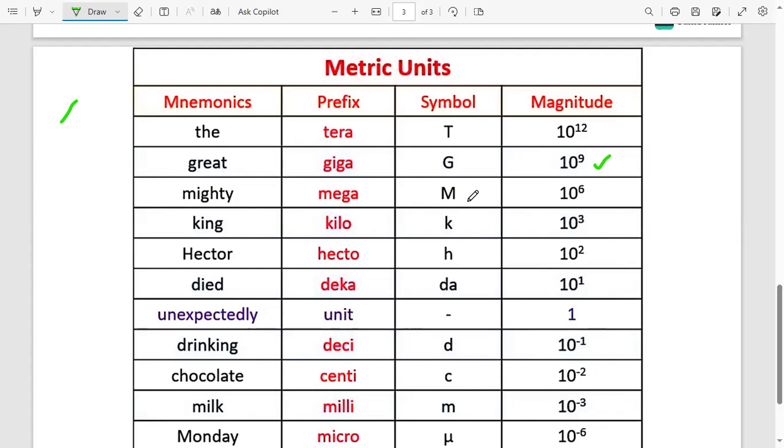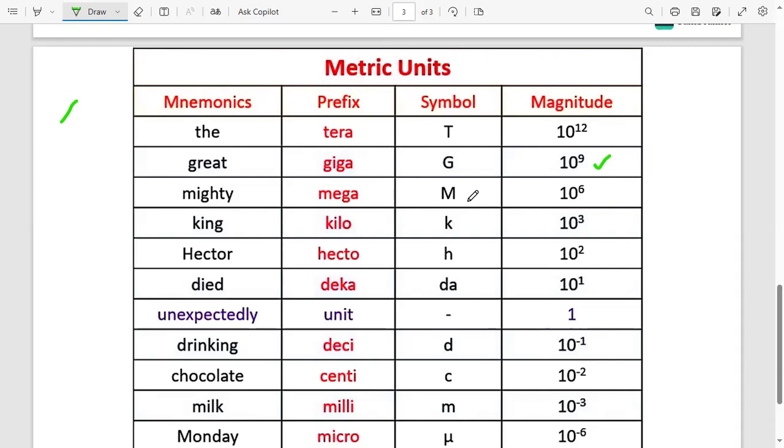So whenever you see the capital M there, it just means 10 to the power 6, or simply 1 million. Then we have kilo, which is very common, 25 kgs. That K in the 25 kgs means 10 to the power 3. So you have to know the metric system by heart.